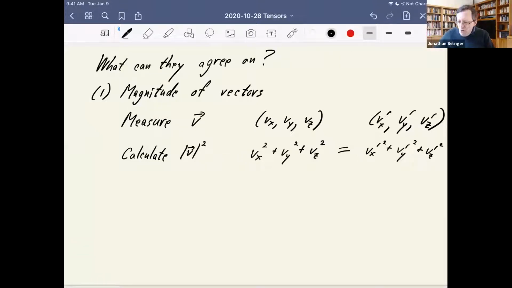Even though we had one set of three numbers over here and another set of three numbers over there, when you square the numbers and add them up, you get the same thing. The word for that is that this is a scalar, which is a quantity that does not depend on the choice of coordinates.